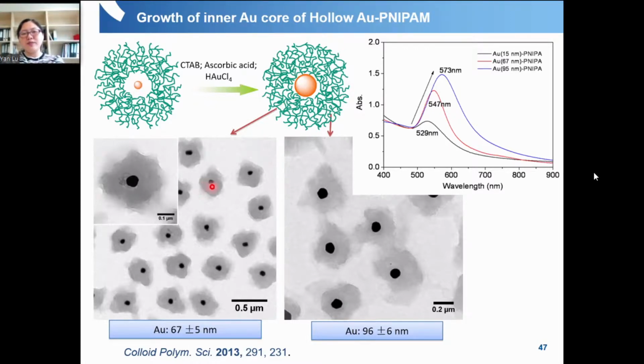So you can increase to 60 nanometers and even to 100 nanometers. And depending on the concentration of the gold precursor, of course you can also follow the UV spectroscopy of the surface plasmon absorption band of the gold. You see obviously a red shift, and this means the growth of your nanoparticles.